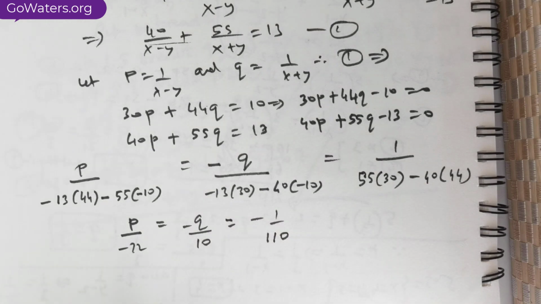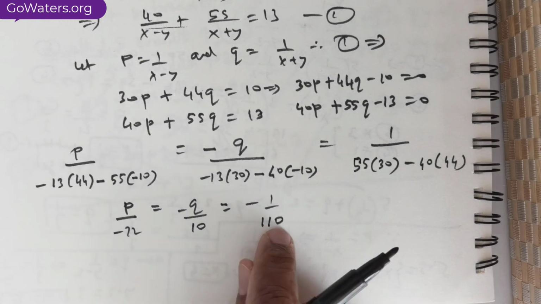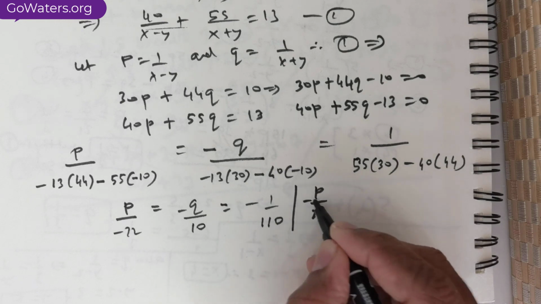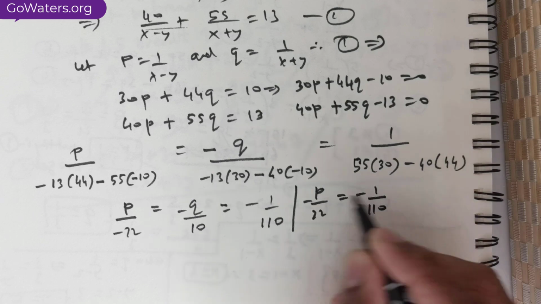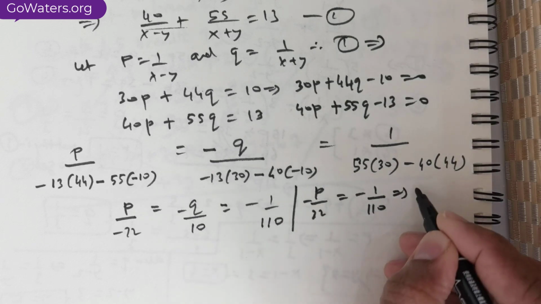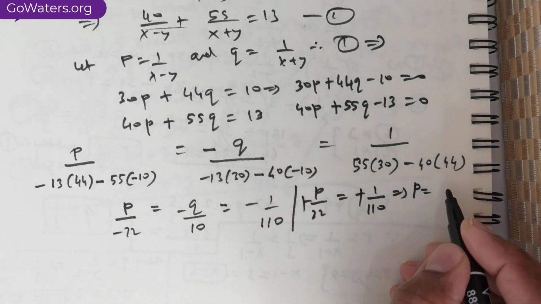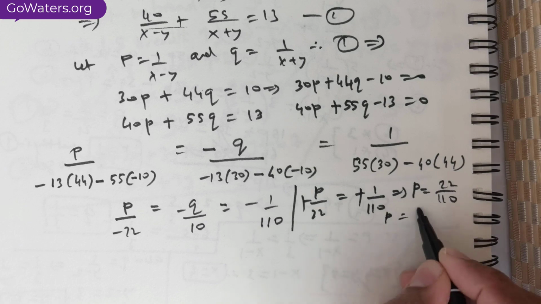So this is what you would get. Now you need to connect this and this. So -p divided by 22 is equal to -1 over 110. This would mean I get p is equal to, you can get rid of the signs, 22 divided by 110. So p is equal to 1 over 5.